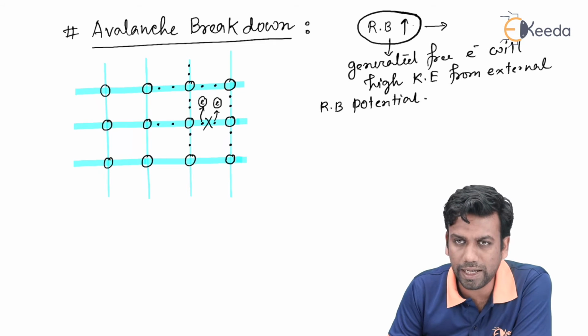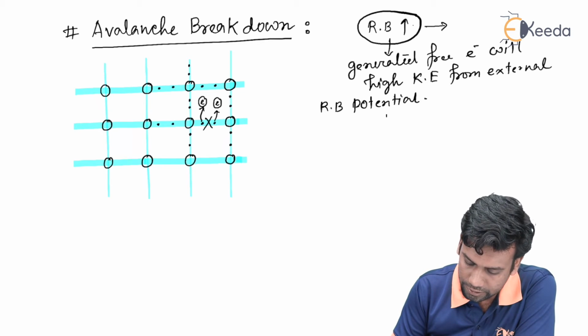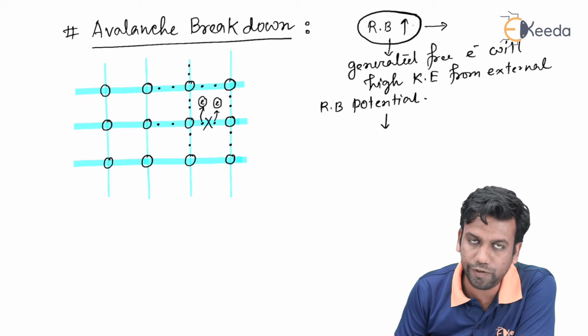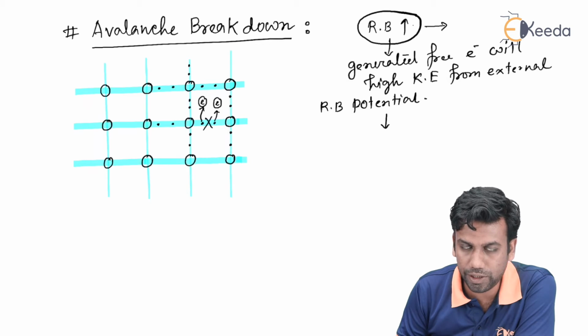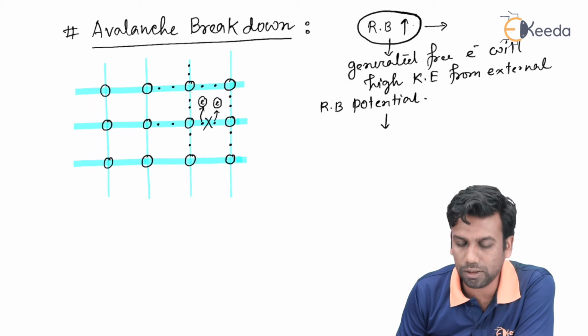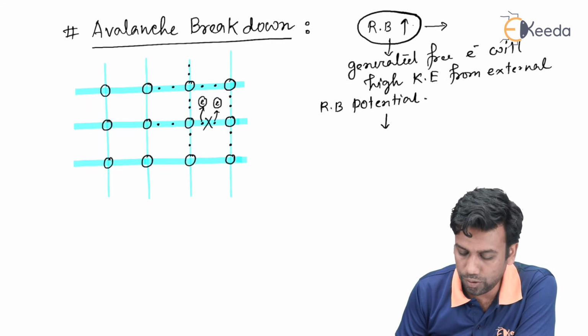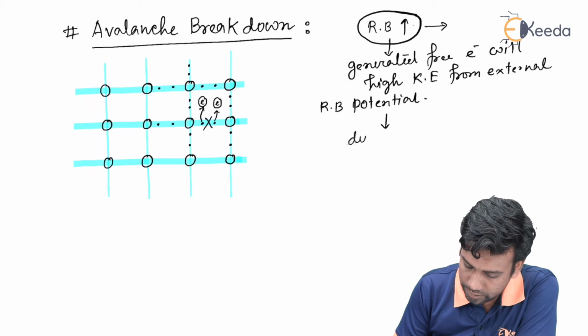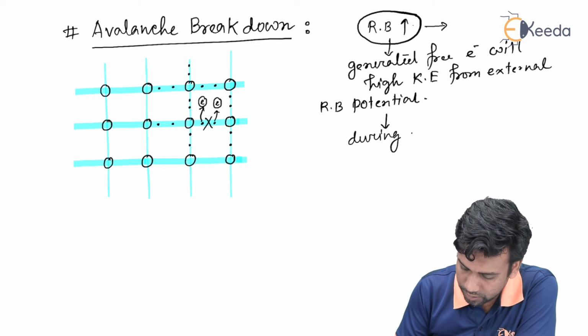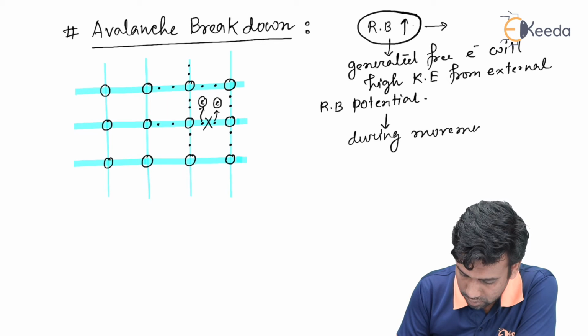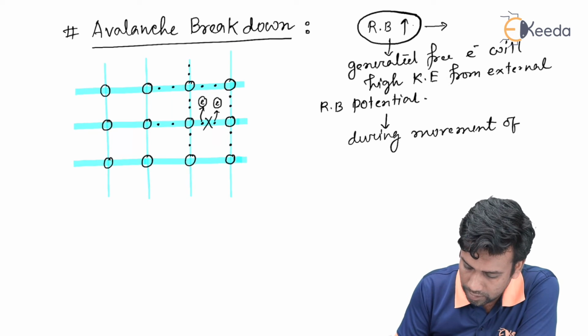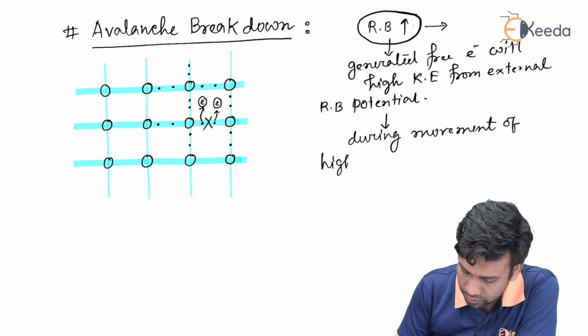Due to this high kinetic energy, the electron will move with very high speed, and during this movement with very high speed, they can collide with other covalent atoms.